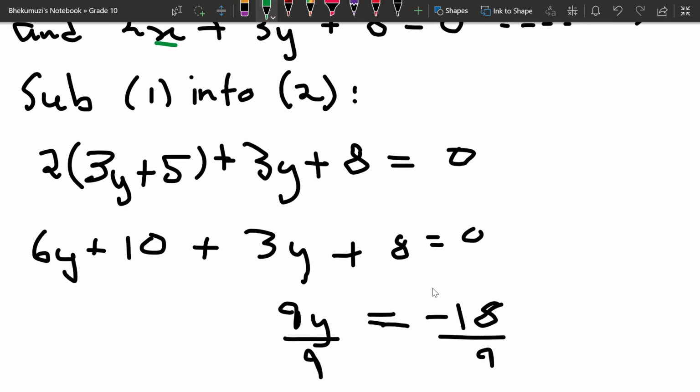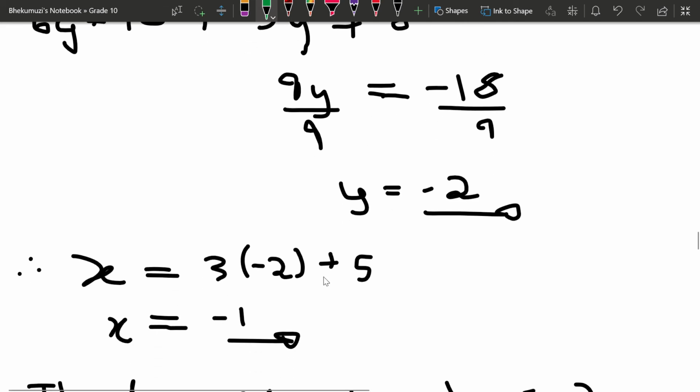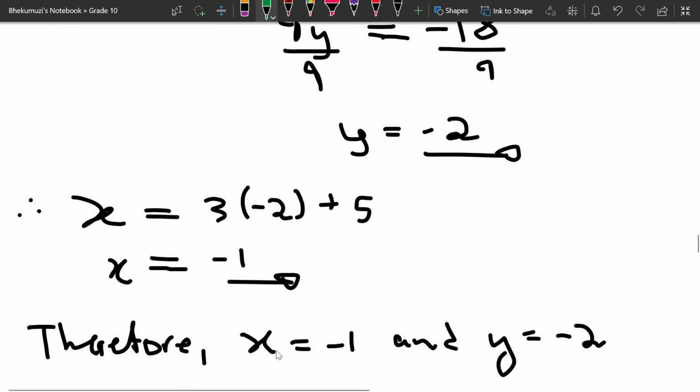As you solve it, you'll find that y is equal to minus 2. Then I take that minus 2, replace it, and I'll get minus 1 as our answer. Therefore x is equal to minus 1 and y is equal to minus 2. And remember, they go together because it's 'and', right?